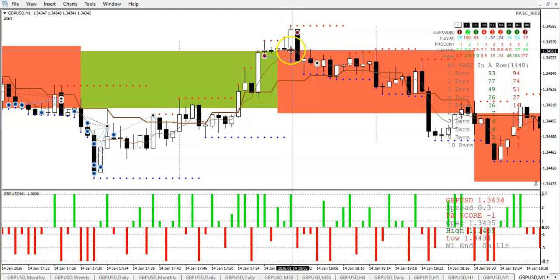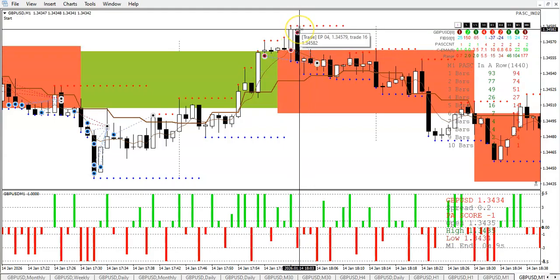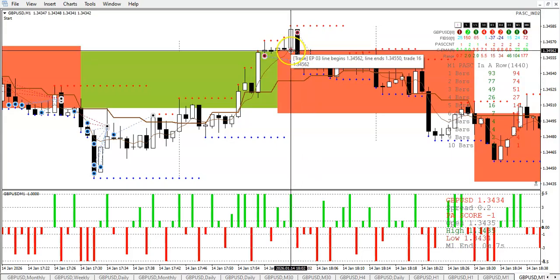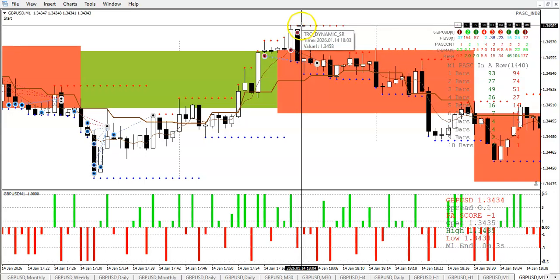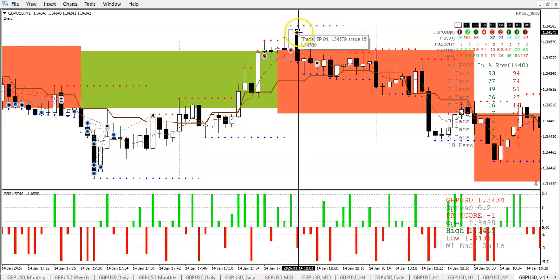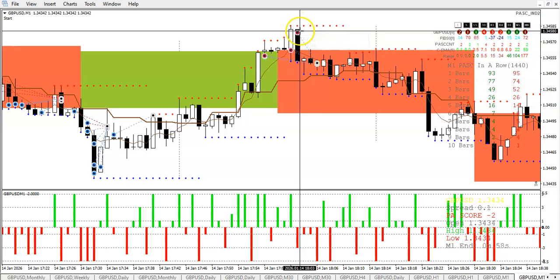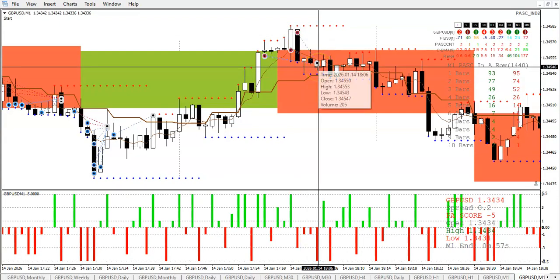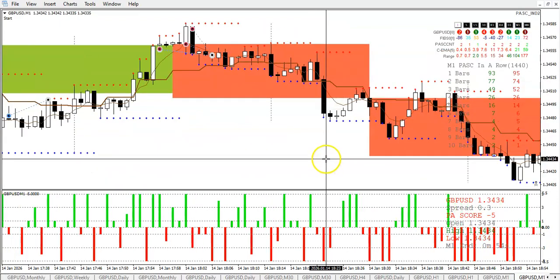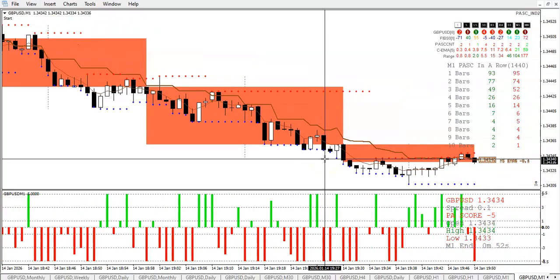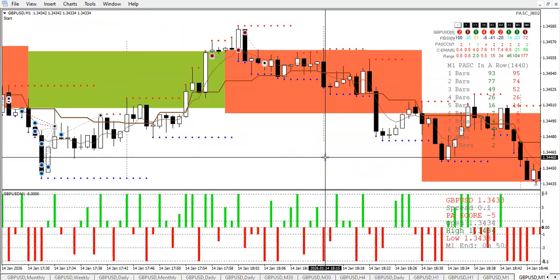So here on the open, I shorted, and then here on the open of this candle, I shorted because you can see here we got 1, 2, 3 in a row. It didn't push up, so as soon as it turned to the downside, I jumped in and got out with a profit there. And I think that was my trading for today.